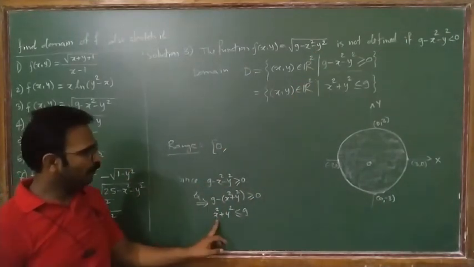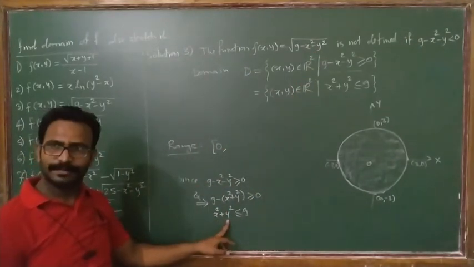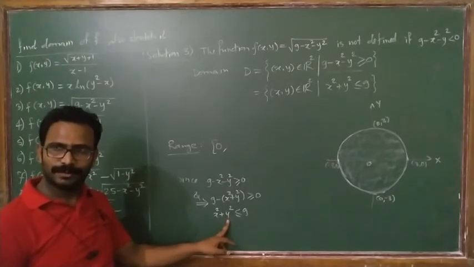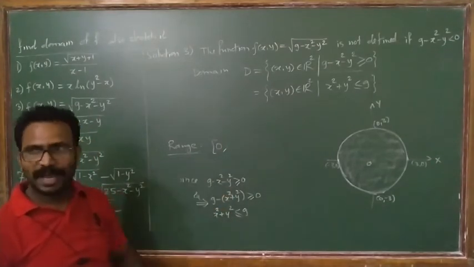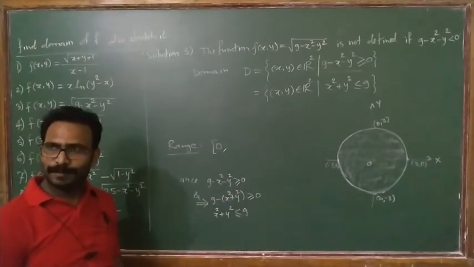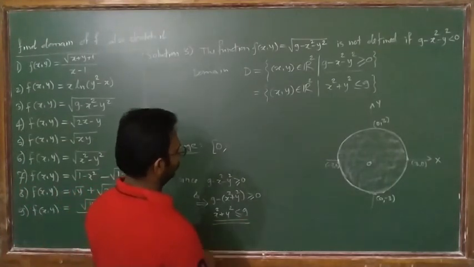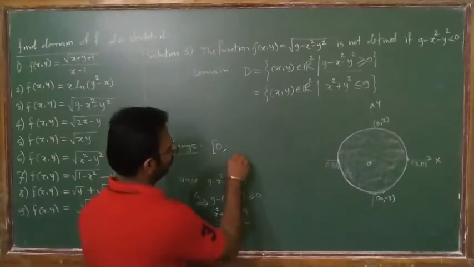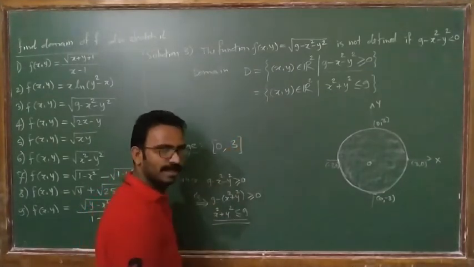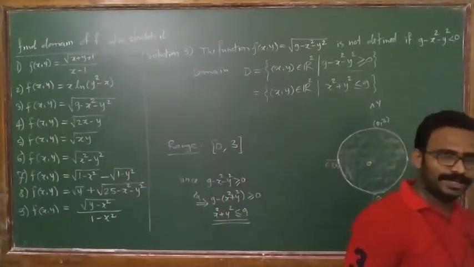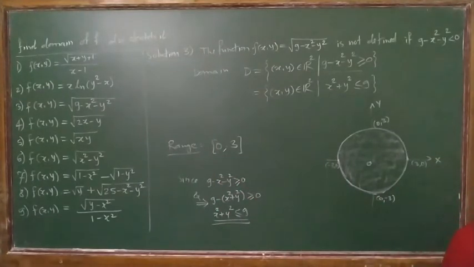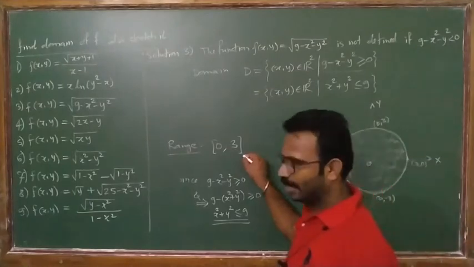The least value of xy will be 0, 0, and in this case we will have the maximum value 9 minus 0. That means the square root of 9 minus 0, that means the square root of 9, that means 3. So this can be the range.